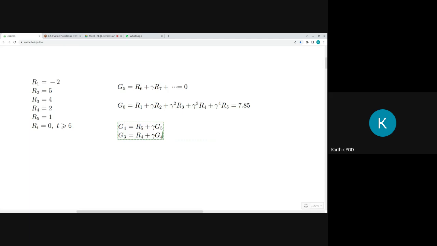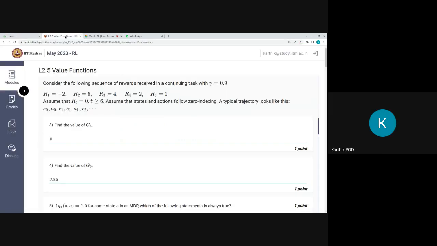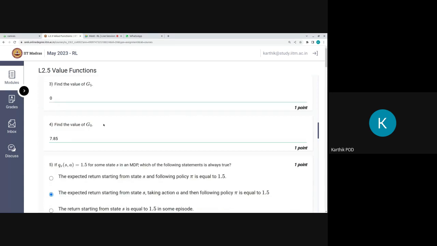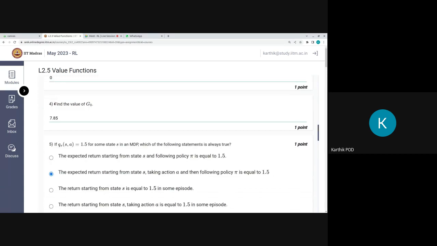Once you know G3, you can compute G2, and so on. And then you can finally come to G0. That's another way of computing it. Basically, you can choose whichever is more convenient. If doing with pen and paper, I think the first one is easy. Okay, so that is 3 and 4.